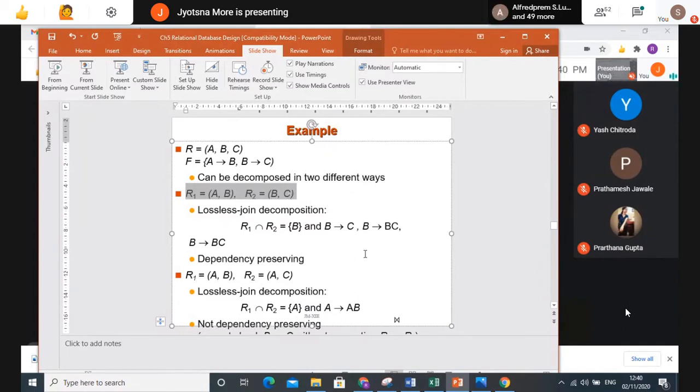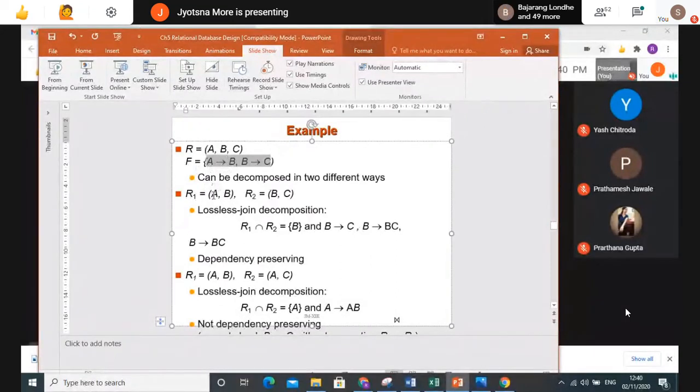Second thing here, I have written database dependency preserving. Now, dependency preserving means whatever functional dependencies are present over here are getting preserved through this decomposition. First, I got B determines C. What I got is B comma C, so that is R2. I'm checking whether I'm getting this functional dependency from R1 or R2 or not.